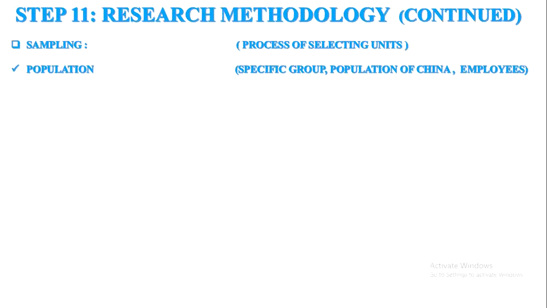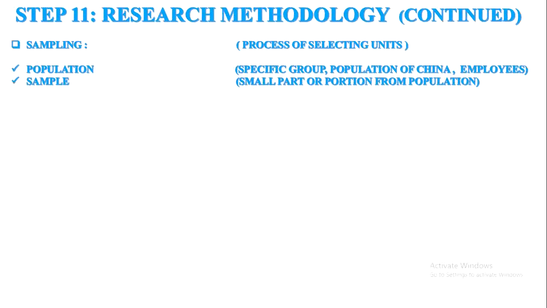So we will continue research methodology. Then comes the sampling, which is the process of selecting units. Then comes population, which is specifically related to a group such as population of China or employees working in an organization. Then comes your sample, which is a small part or portion from your population.